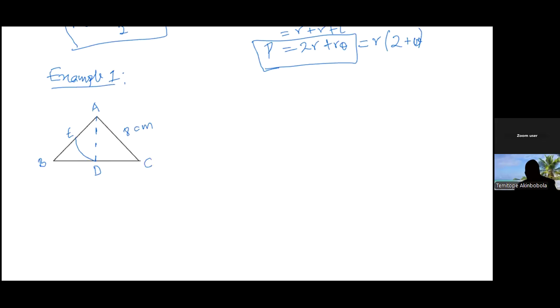So this place is now shaded. So draw the diagram quickly. Then you now write the statement that follows.